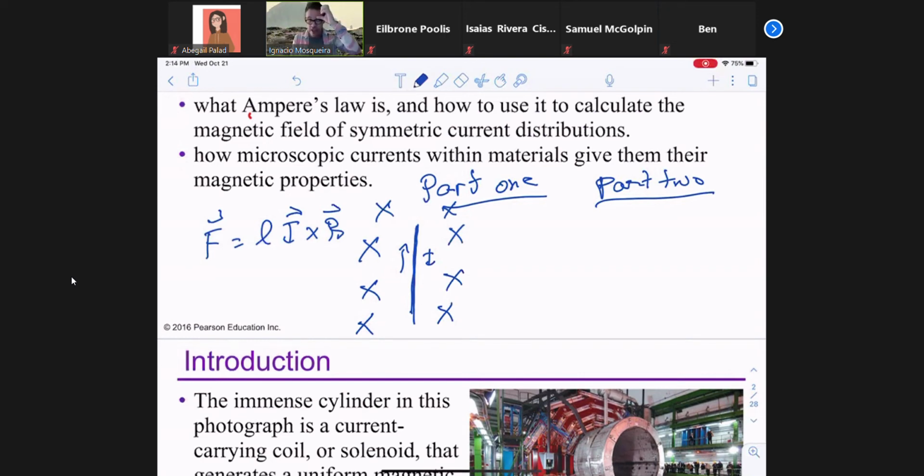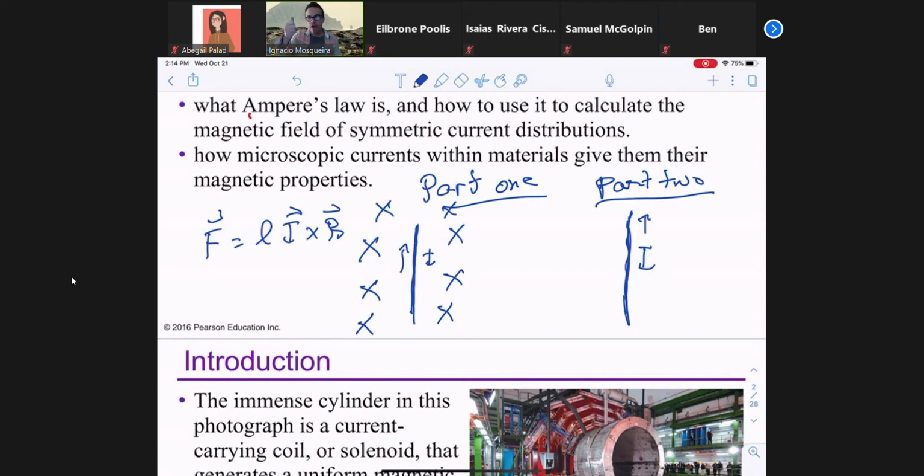What we can do then is we can use that here, because in part one, we had the external magnetic field. In part two, what's going to generate that external magnetic field, guess what it is? It's a wire carrying a current. That will generate a magnetic field. So what ends up happening is this, and we're going to calculate exactly how strong.